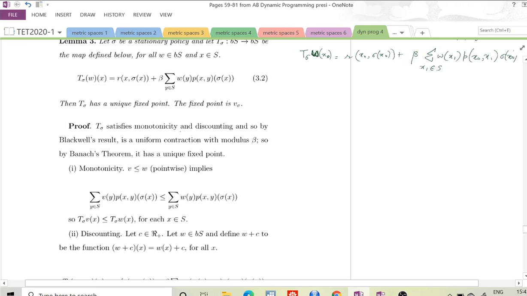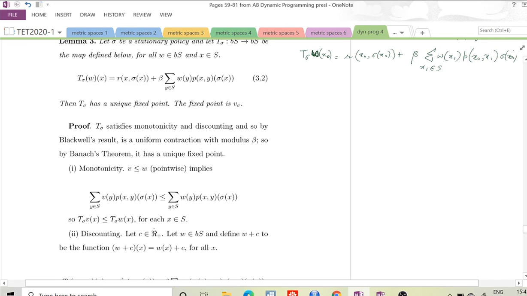Then you can see that summation v of y p of x y sigma of x is going to be less than or equal to summation w of y p of x y sigma of x, right? And therefore beta times this is less than or equal to beta times that. So beta times this plus r of x sigma of x is less than or equal to beta times this plus r of x sigma of x, right? So T sigma V of x is less than or equal to T sigma W of x. So T sigma satisfies monotonicity.